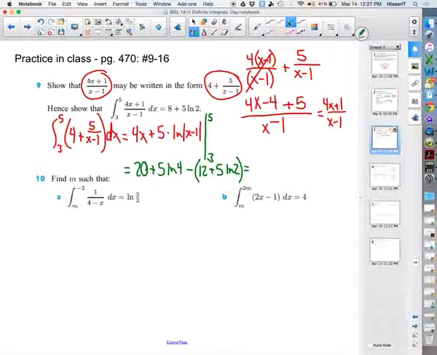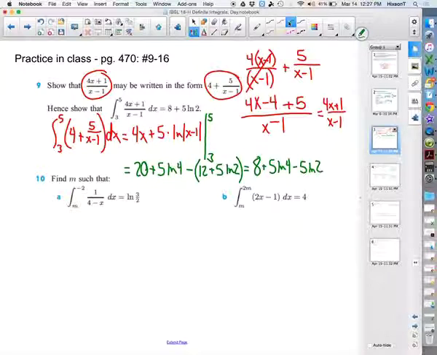So, I'm going to distribute the negative and rearrange a little bit here. I have 20 minus 12, which is 8, plus 5 ln of 4 minus 5 ln of 2. What can I do when I'm subtracting logs?